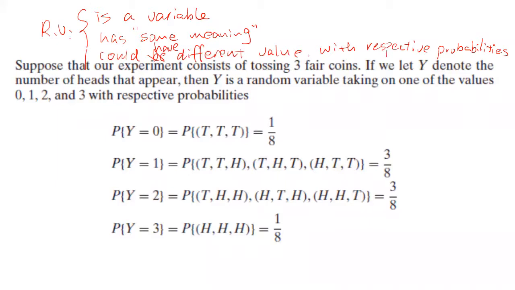So these are the features of a random variable. Understand?